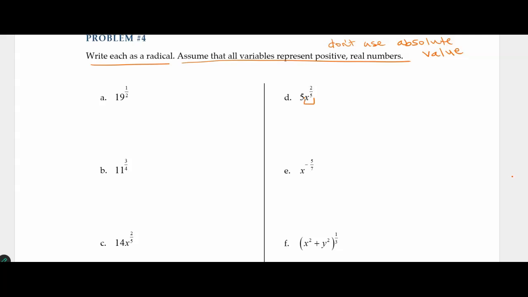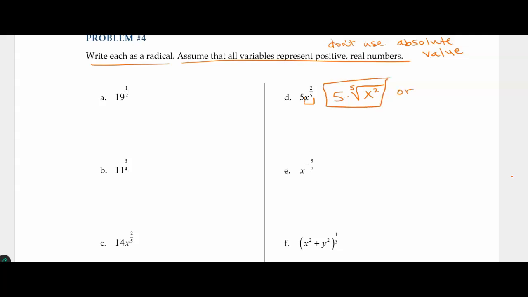So 5 is separate from it, right? And if I write this x to the 2/5 power, x is inside, 5 is my root, so let's put that here, and then 2 is my exponent on it. So that would be my answer.